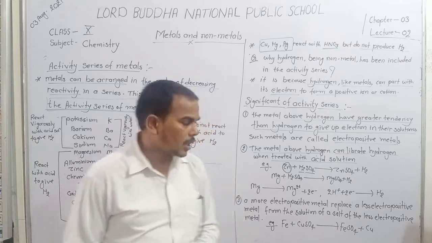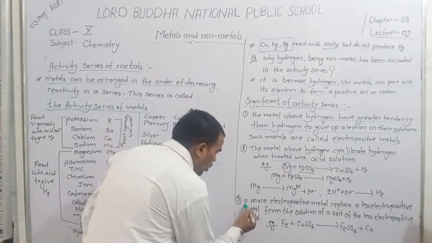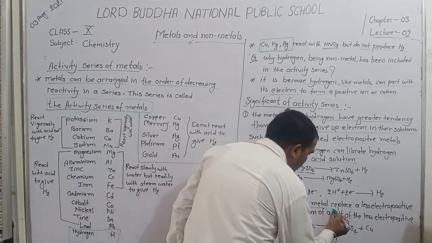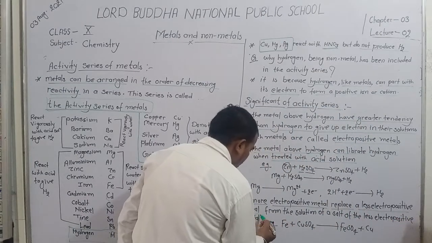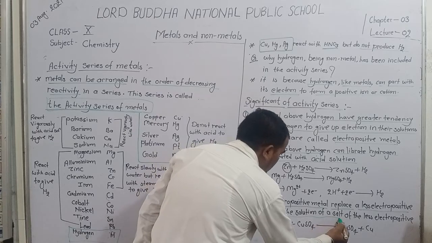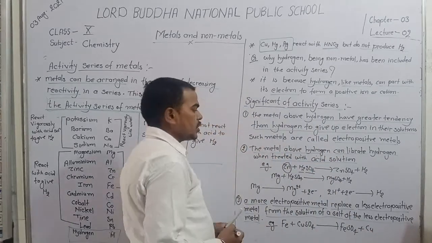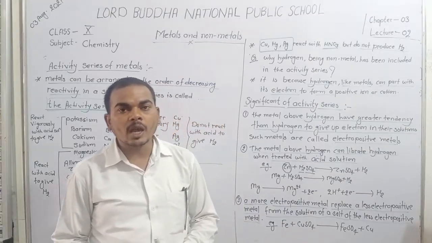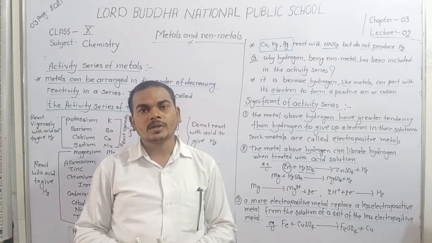Now let's discuss how a more electropositive metal replaces a less electropositive metal from the solution of a salt of the less electropositive metal. Dear student, in the previous chapter we discussed single displacement reaction and double displacement reaction.